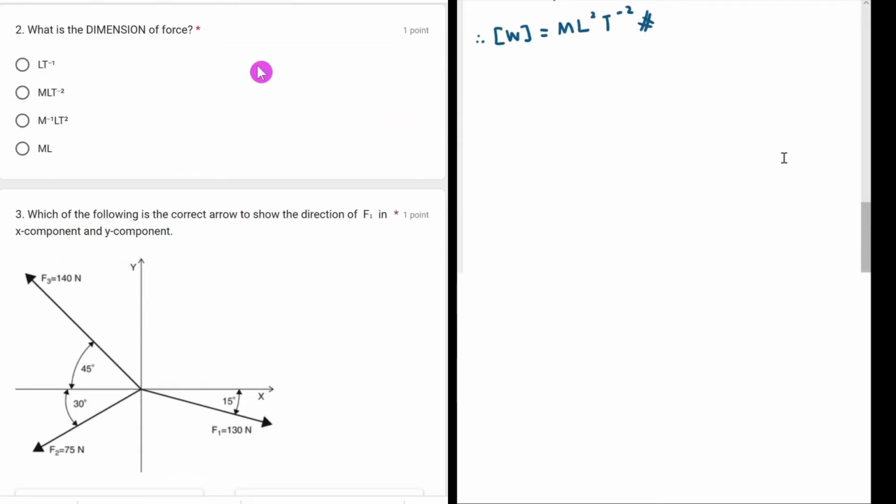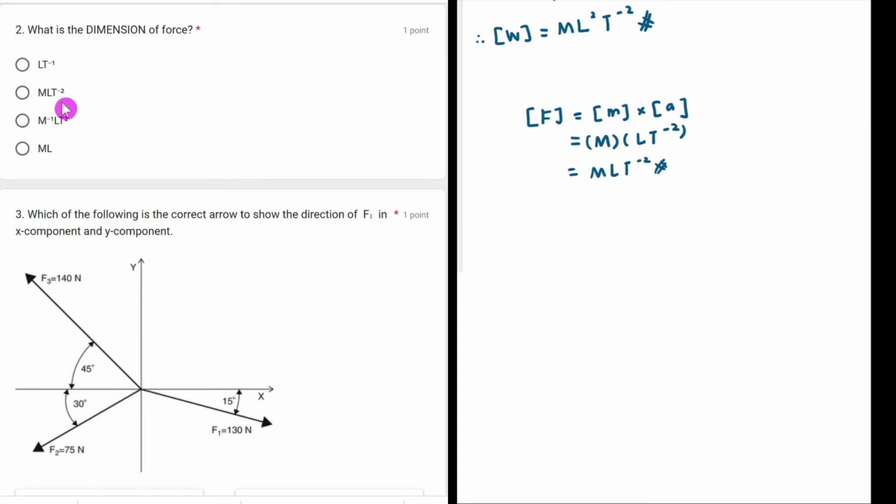So tak perlu kira pun, tapi kita boleh cari dimension of force is equal to F is equal to M times dimension of acceleration. Okay, so dimension of mass is capital M, alright, and dimension of acceleration is LT negative 2. Therefore, dimension of force is MLT negative 2. Alright, so the answer is B.